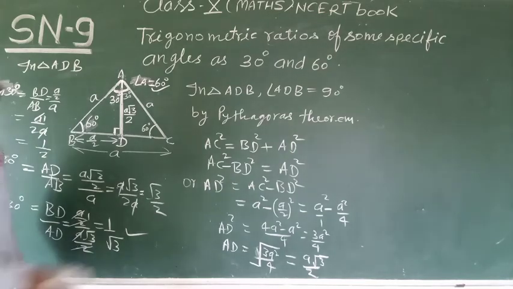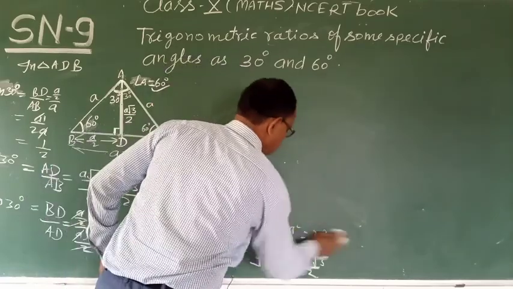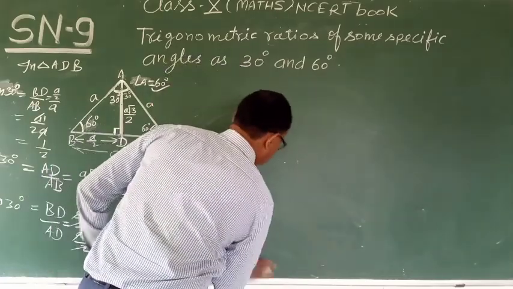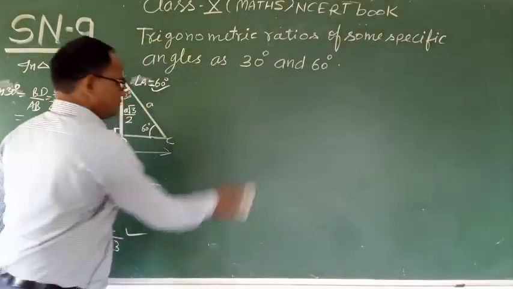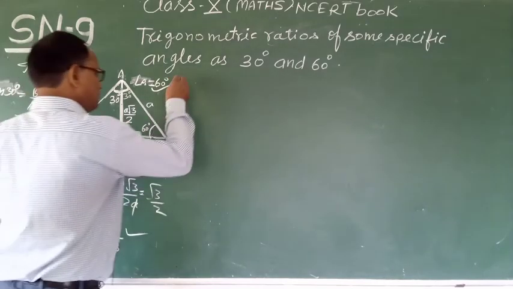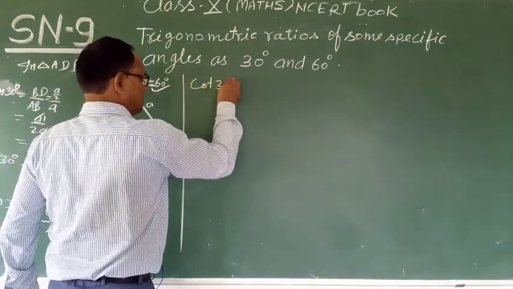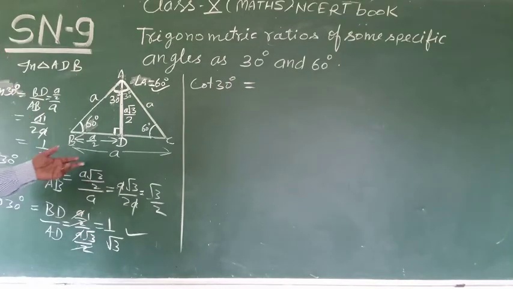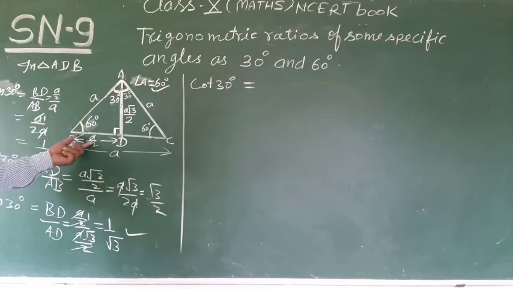After this we get the value of cot 30 degree. For cot 30 degree, this is the base and this is the perpendicular line. Its opposite, base by perpendicular line.